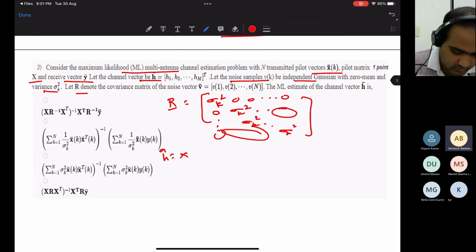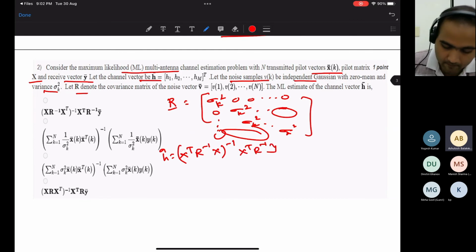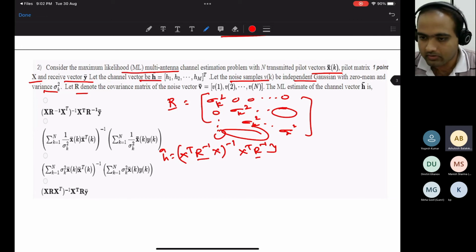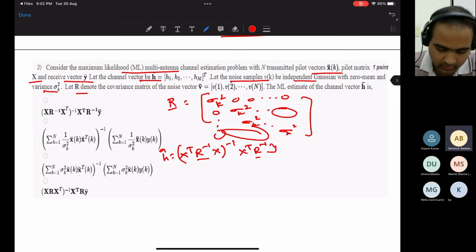The channel estimate is computed as X transpose R inverse X, inverse, times X transpose R inverse Y. This R actually is my sigma square, and you need to check back the derivation done in class. In the class derivation, sigma square I was taken out as a scalar. But if sigma square is not taken out, it comes in this kind of form.